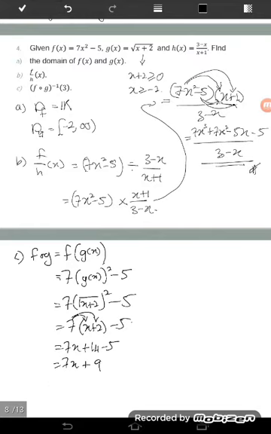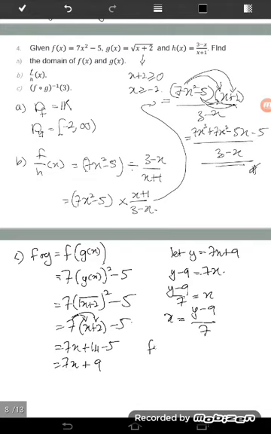And then find the inverse. Okay, so to find the inverse, we let y equal to 7x plus 9. So we have y minus 9 is equal to 7x. So y minus 9 divided by 7 is equal to x. So we have x equal to y minus 9 over 7.